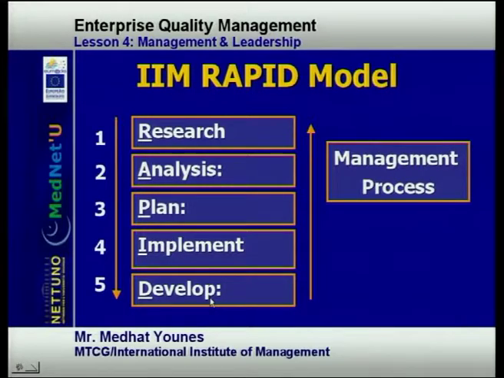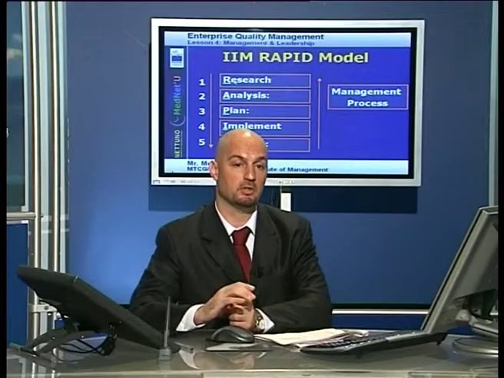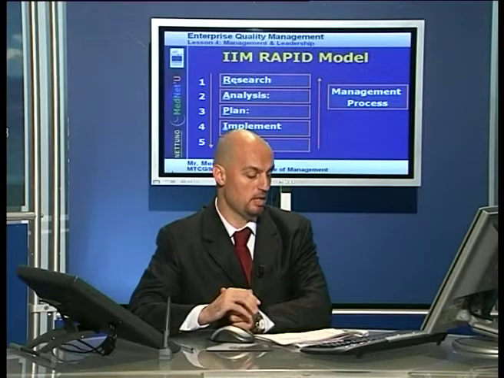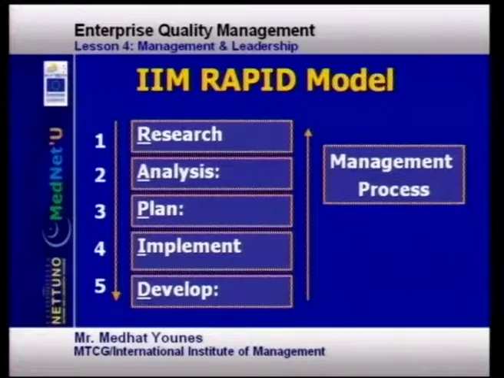Let's talk a little bit more about the activities or functions involved in each of these steps. For the research, of course, you research both the internal forces and the external forces in play in the market. Then you do opportunity analysis. The third step, you formulate the strategy and develop programs and project plans.